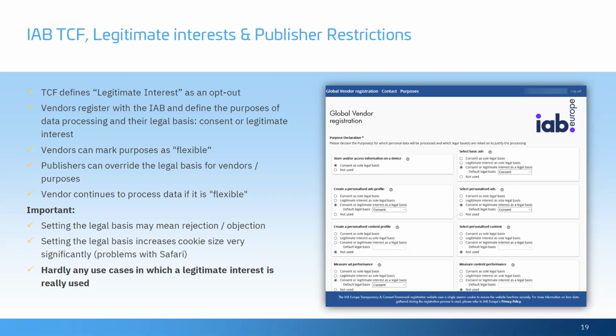Consent is basically, I have an empty checkbox, I tick the checkbox and press the save button, that's consent. A legitimate interest is usually defined as an opt-out, so the checkbox is predefined, and I need to remove the tick from the checkbox. If I don't opt out, then legitimate interest will continue to process data, while with consent, I expressly need to click accept in order to get into the data processing.